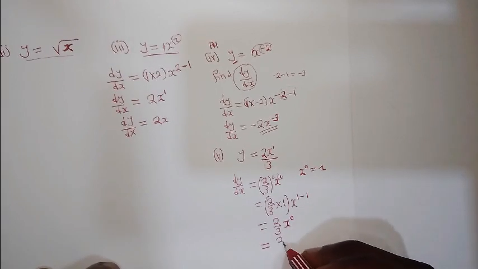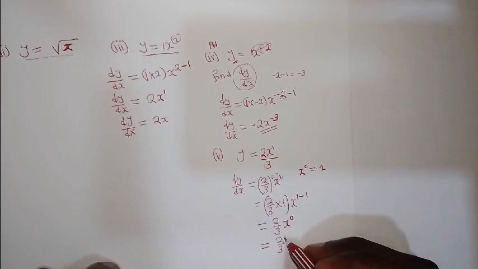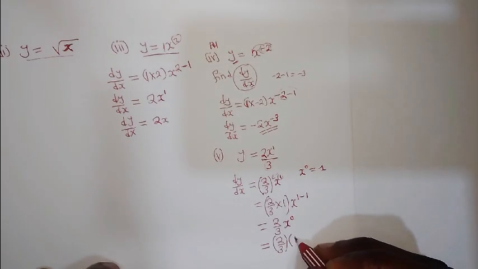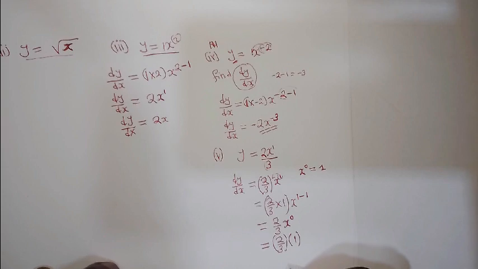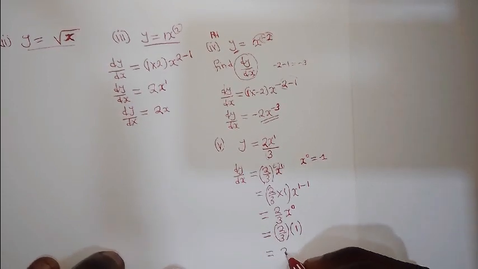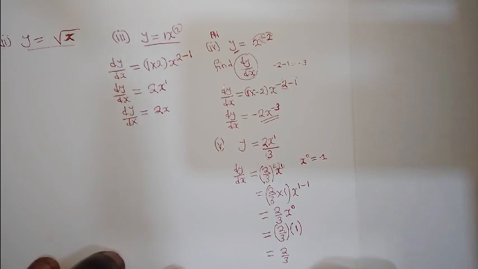So in this case 2 over 3, then multiply by 1. So in this case your final answer is just 2 over 3. So that's our answer.